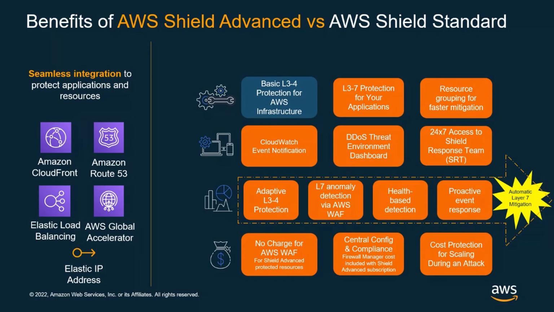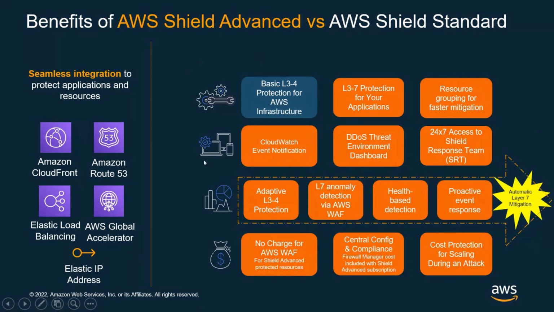So if you're launching a new resource, rather than having Shield Advanced learn the traffic over time and understand what's average and what's an anomaly, you can just put it right into that resource group, minimizing false positives and the time it takes to understand that baseline.